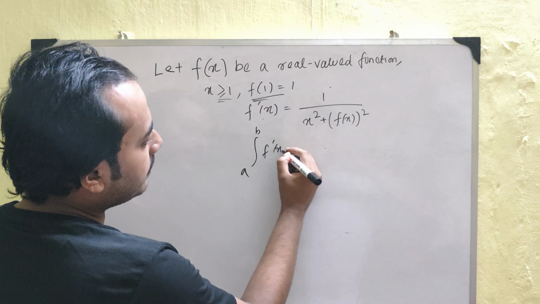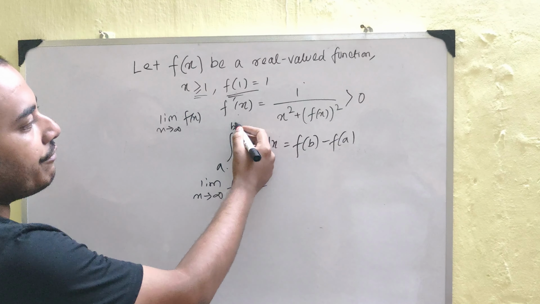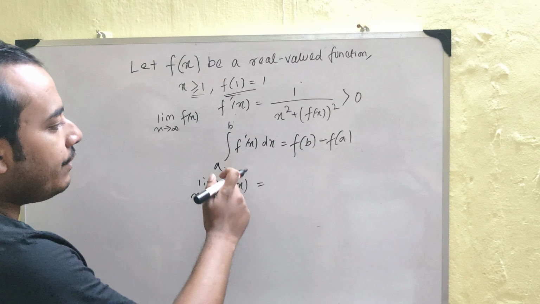Using this, what we can do is as follows. The limit as x tends to infinity of f(x). Now this limit can be written using the fundamental theorem of integral calculus. Imagine this was integrated from 1 to infinity, and if it was, then what would we get? We would basically get the integral of f'(x) dx from 1 to infinity, which is f of infinity minus f of 1, correct?